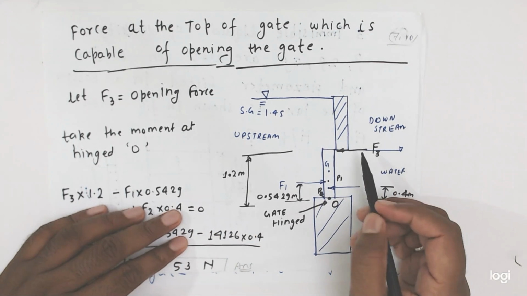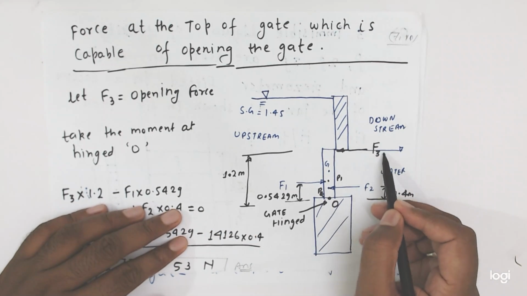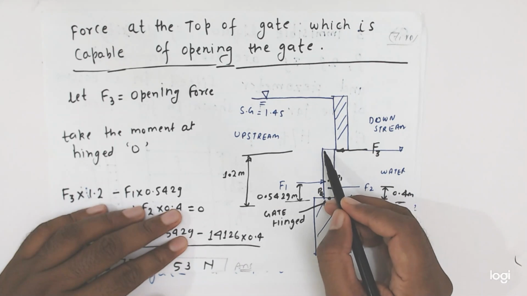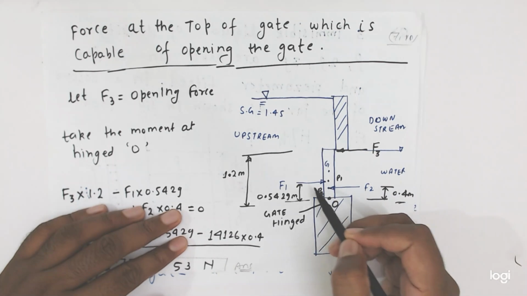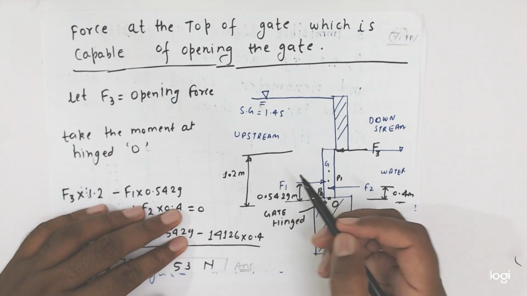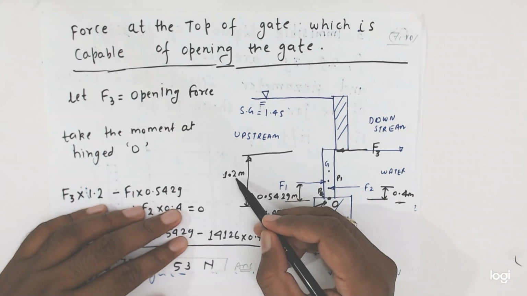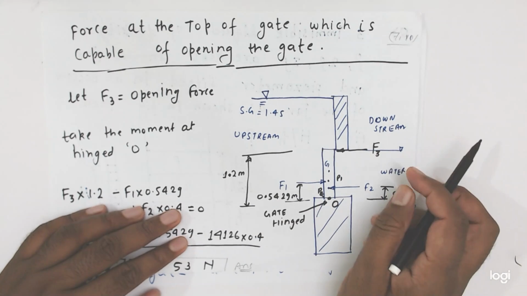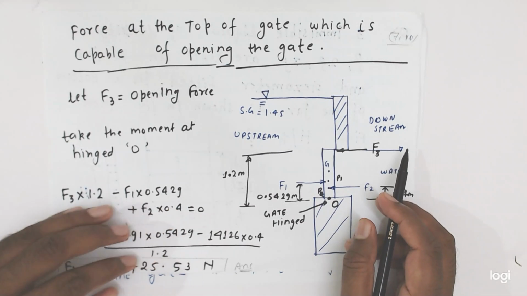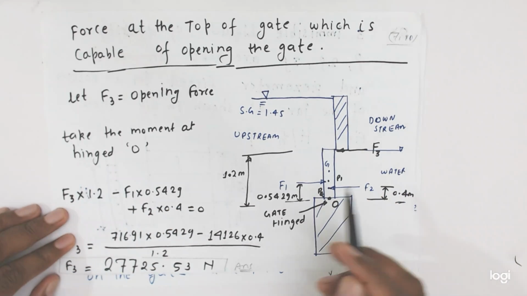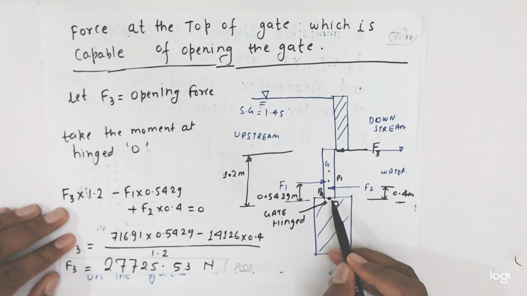Now friends, you see here this F3 is working at the top point. So from top to hinge distance is equal to the height of the opening, so 1.2 meter. So all values we are getting. So we'll take the moment at hinge O.